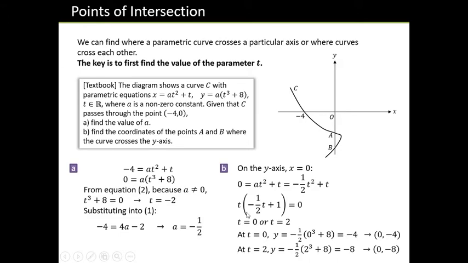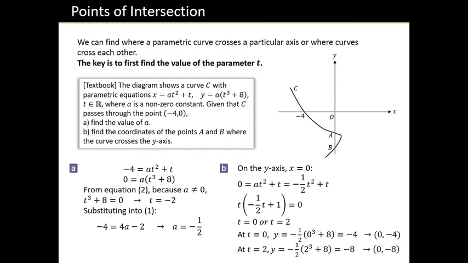Substituting t equals 0 and t equals 2 in, we find what those two points are, and always just double check: does this match with what I was expecting for my A and B values to be? And it certainly looks that way.